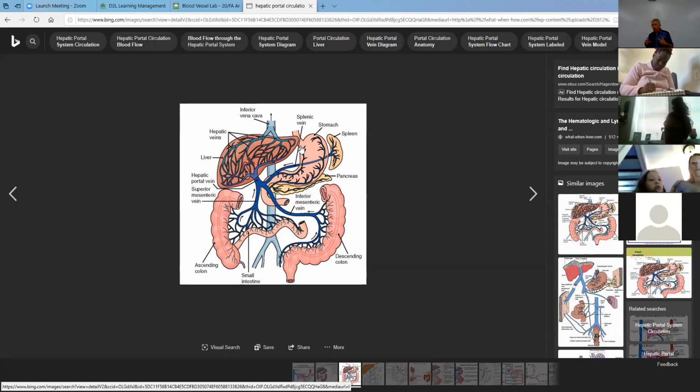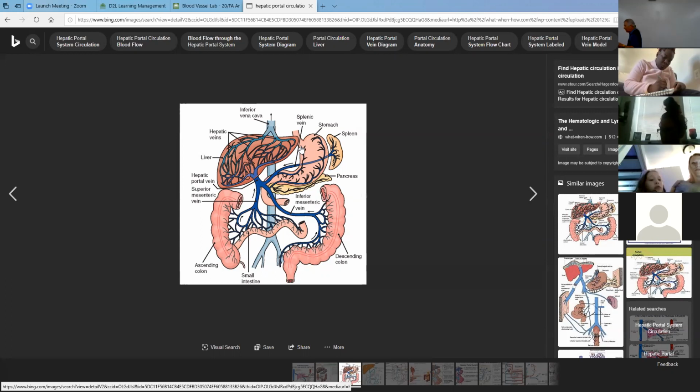These capillaries form venules, and it becomes the hepatic portal vein, and it goes right to the liver. So all the food and nutrients that you absorb, except for fat, go there. Fat actually takes a scenic route via the lymphatic system and goes to adipocytes. So it doesn't go to the liver, but everything else does.